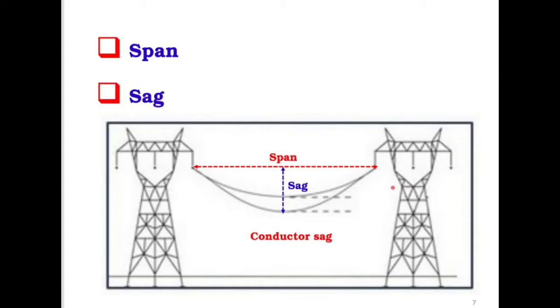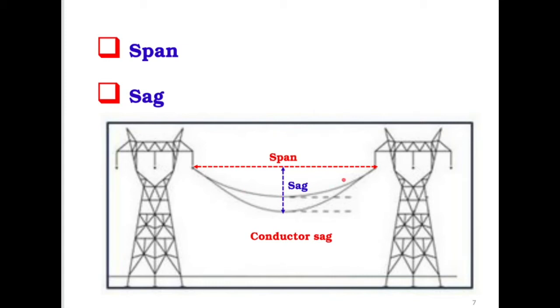These are two adjacent supports, and only one phase of the conductor is shown here. This is the steel lattice tower, and the towers are at the same level and same height, meaning the land is plain here, and the conductor is strung between these two tower structures. When we string a conductor like this, what will happen?